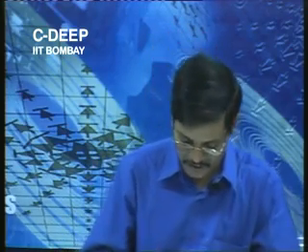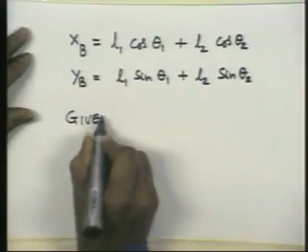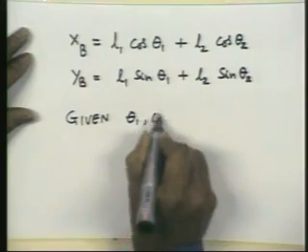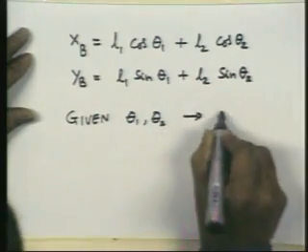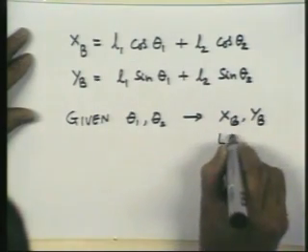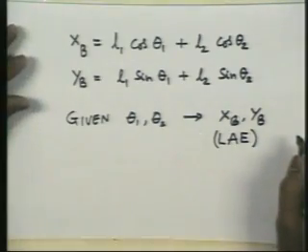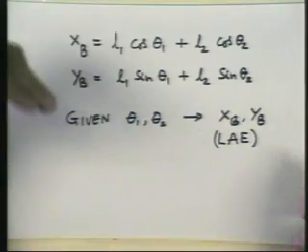So it is a simple 2 by 2 linear algebraic equation. So given theta 1, theta 2, to find xb, yb is linear algebraic equations. Okay. So this is the easier part.